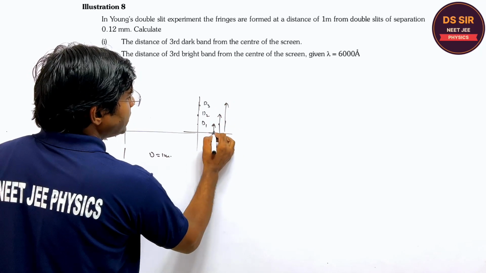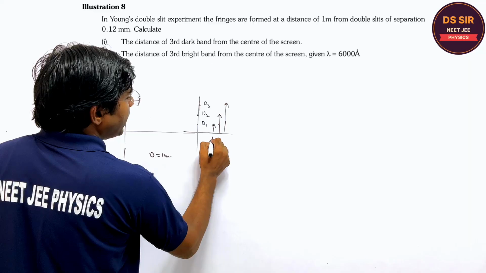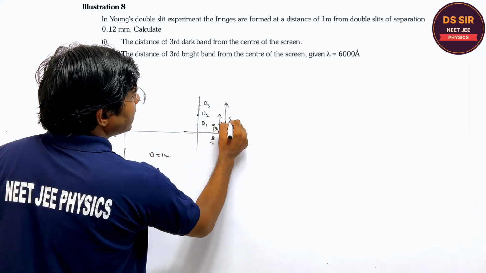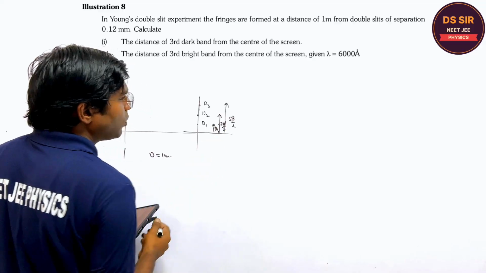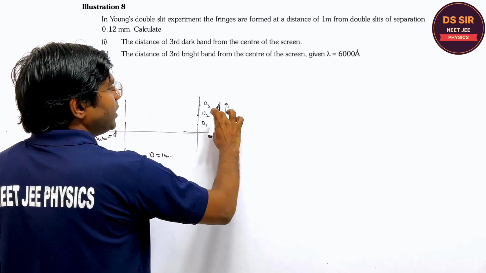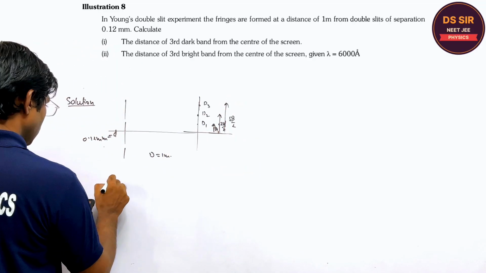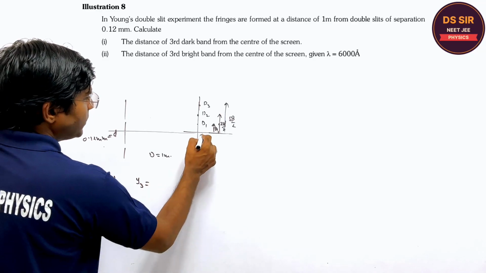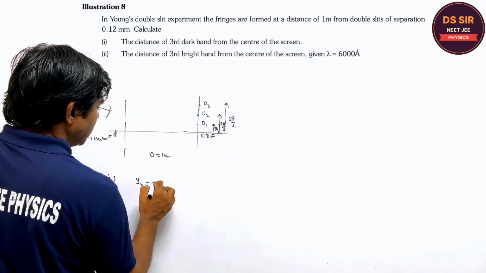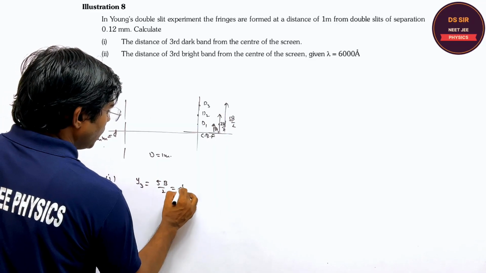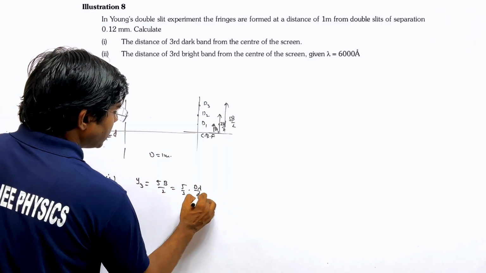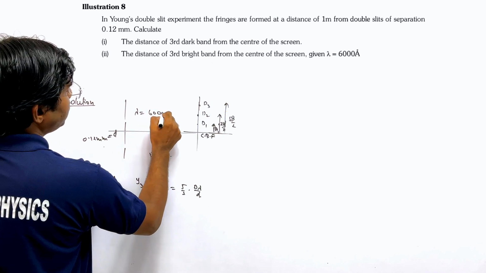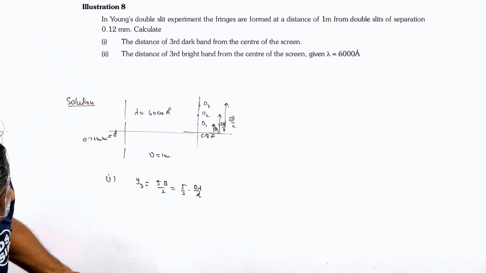Listen, how to remember this? It is beta by 2, 3 beta by 2, and this is 5 beta by 2. Did you remember or not? Beta by 2, 3 beta by 2, 5 beta by 2. So in the first question, the distance of the third dark band from the central bright fringe is nothing but 5 beta by 2, that is 5 by 2 D lambda over d. The wavelength used in this experiment is 6000 angstrom.